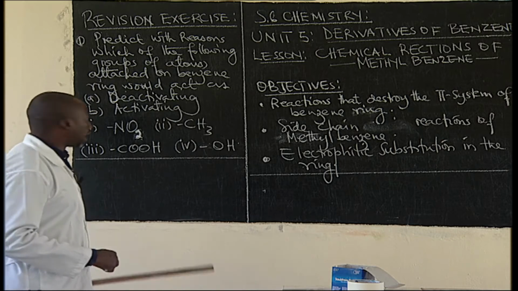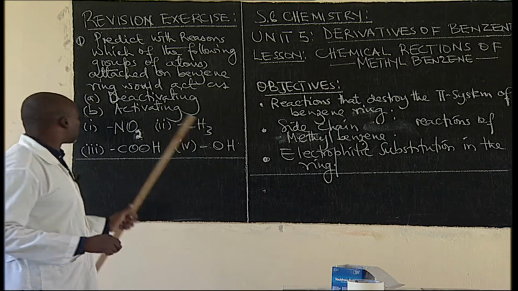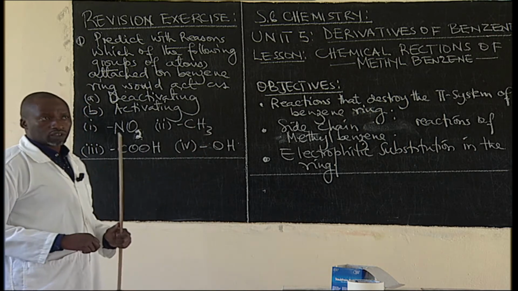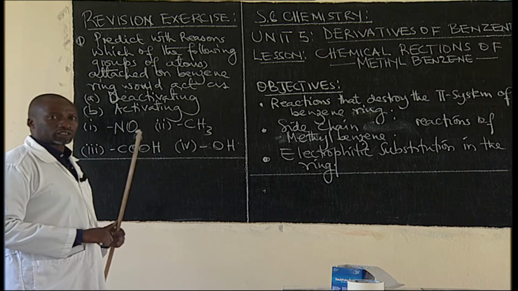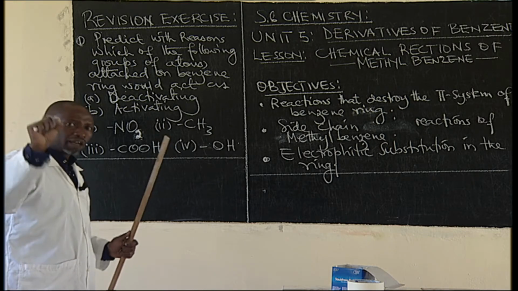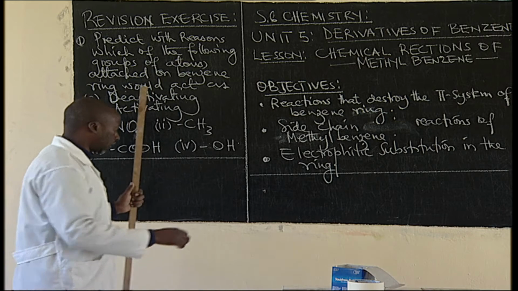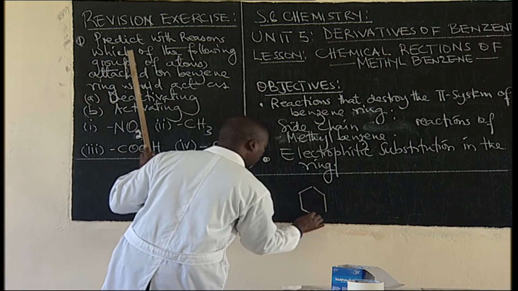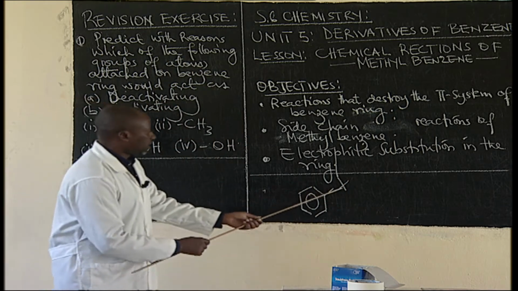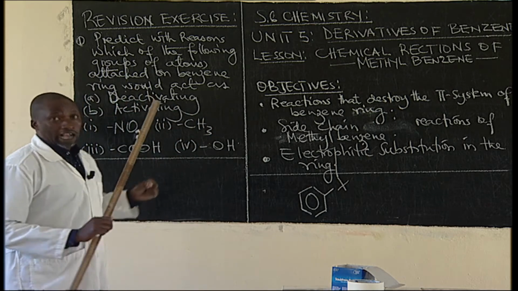These two terms are not new terms. We talked about the deactivating and the activating groups. There are two types of substituents. A substituent is a group of atoms or an atom that is attached on the benzene ring. If we consider the benzene ring with its pi system, this X is either deactivating or activating.